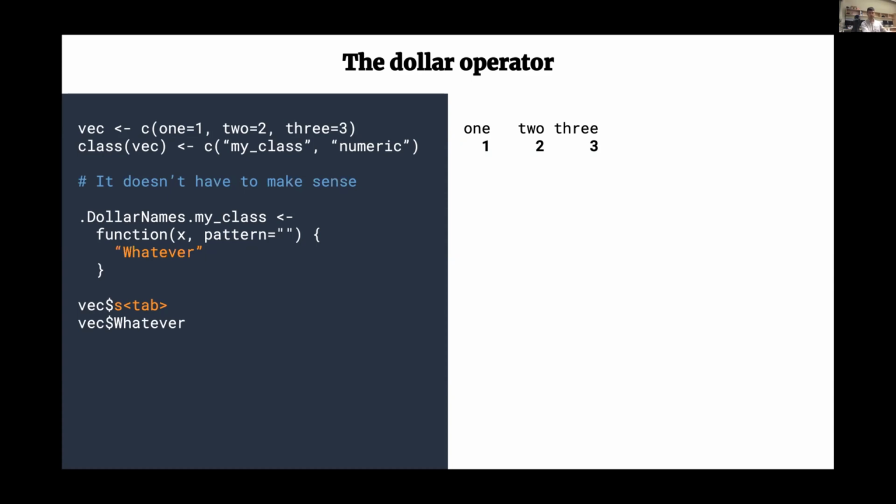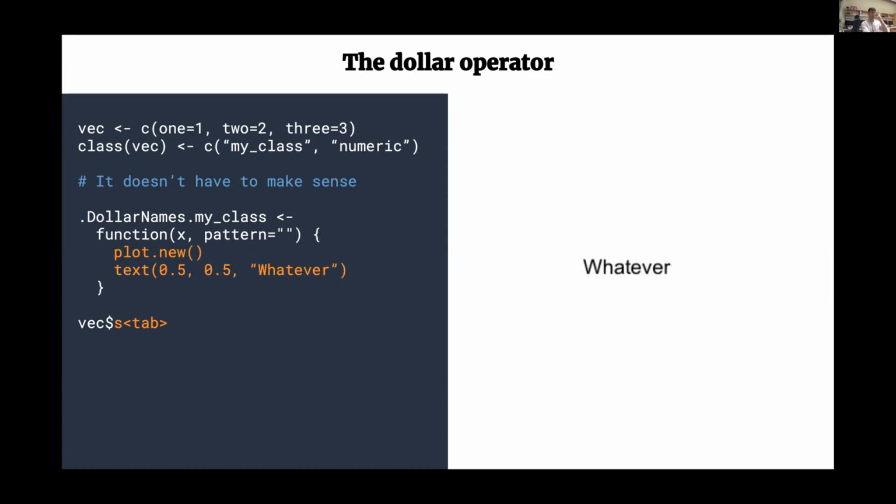Or even more weirdly, what we can do is not only return character strings, but also do something crazy like maybe starting a new plot. And now if we have such a function, if we start autocompletion and press tab, it would actually show us a plot and we would have written whatever on that plot.